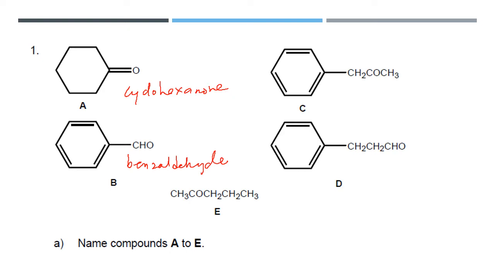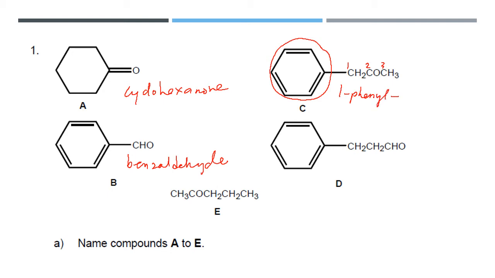Third question C. Let's count the longest chain in this compound, which is 1, 2, 3, and this is a substituent phenyl attached to carbon number 1. So the name would be 1-phenyl.